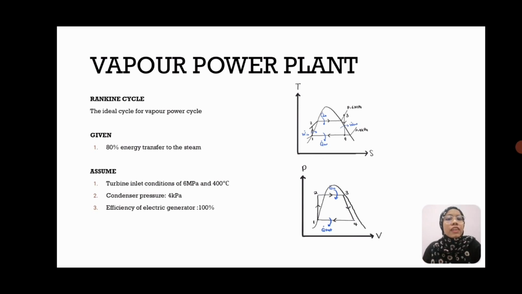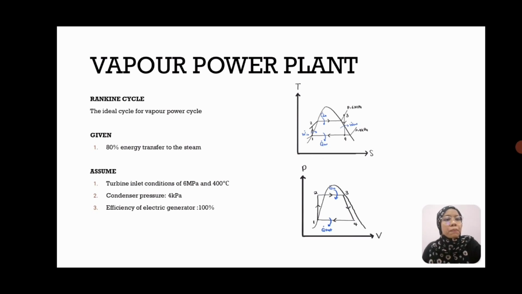The given data is 80% energy transferred to the steam, and we assume turbine inlet conditions of 6 megapascal and 400 Celsius, a condenser pressure of 4 kilopascal, and an electric generator efficiency of 100%.